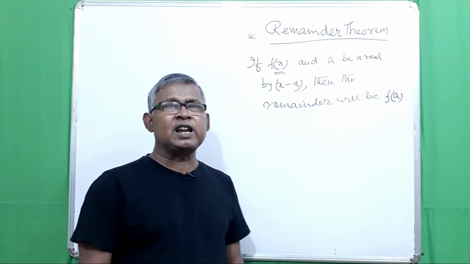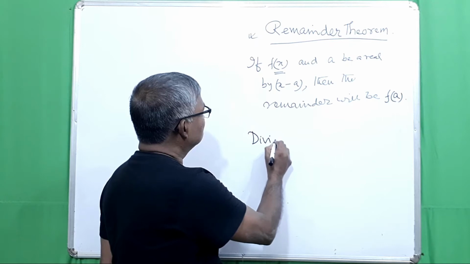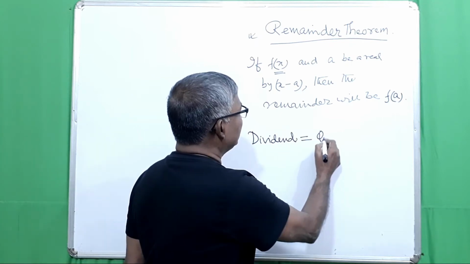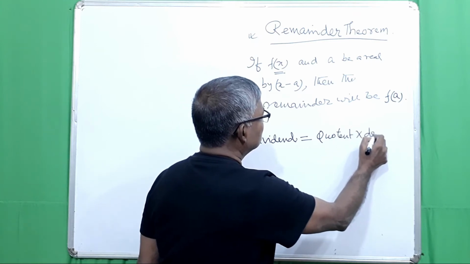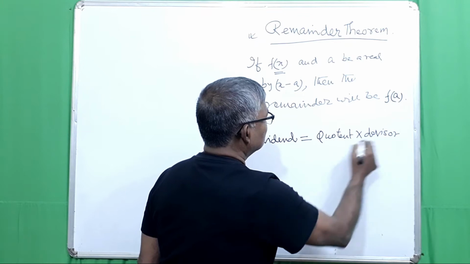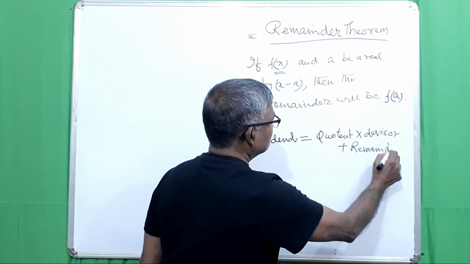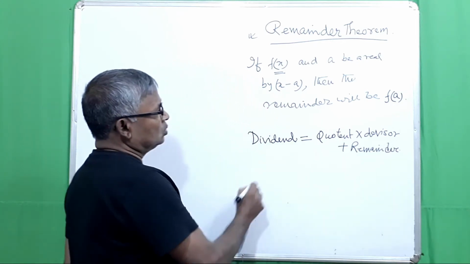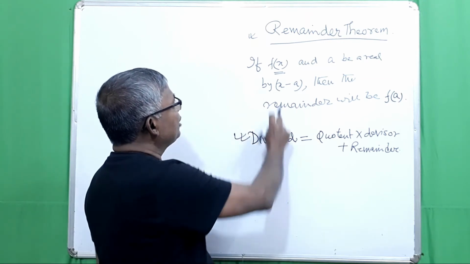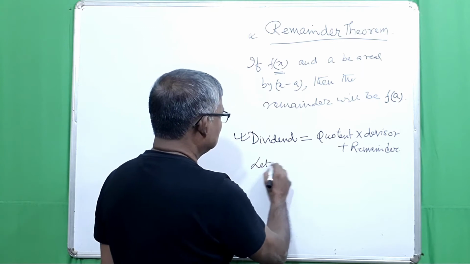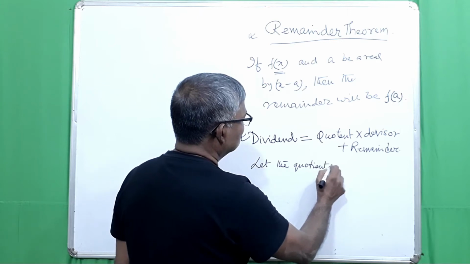Students, by division algorithm, we know dividend equal to quotient into divisor plus remainder. You know the rule. Students, here dividend is f(x). Let the quotient equal to q(x).